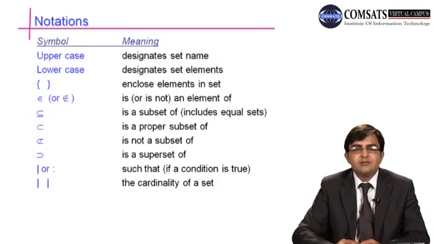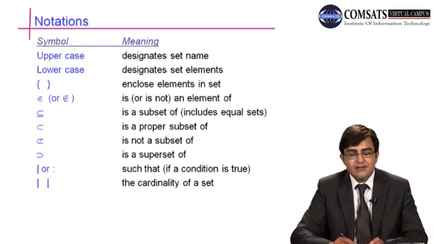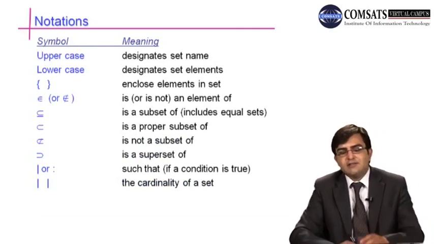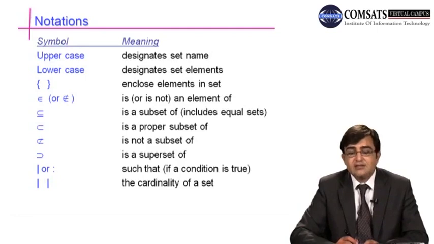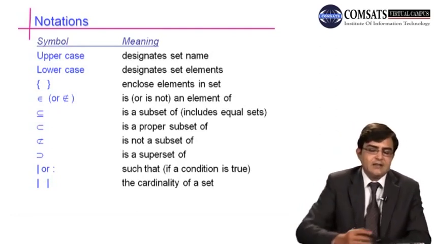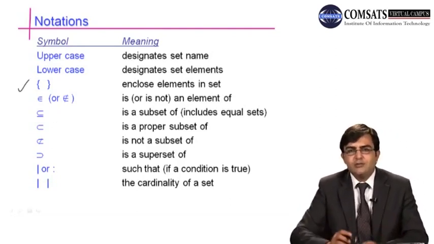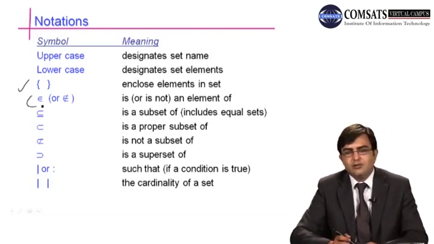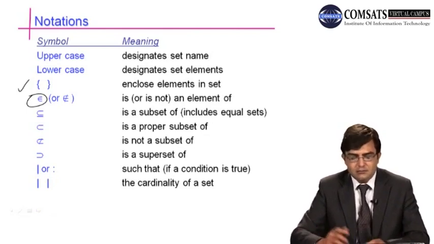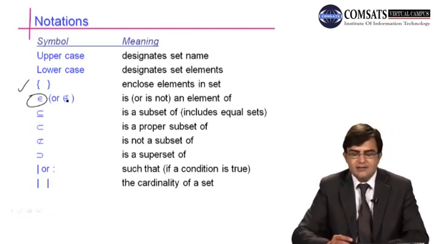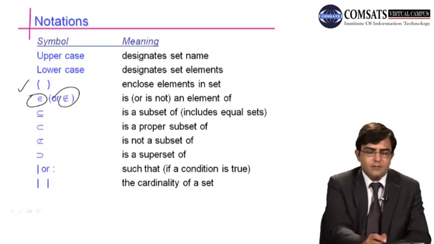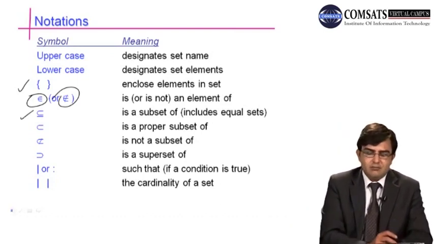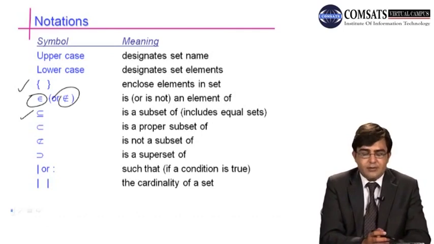The next is, we have used some notations in set theory. Uppercase designates set names, lowercase designates set elements. These brackets are used to enclose the objects, the elements of the set. This notation denotes is an element of or is not an element of. This notation is used for improper subset; it may be equal, it may be proper.